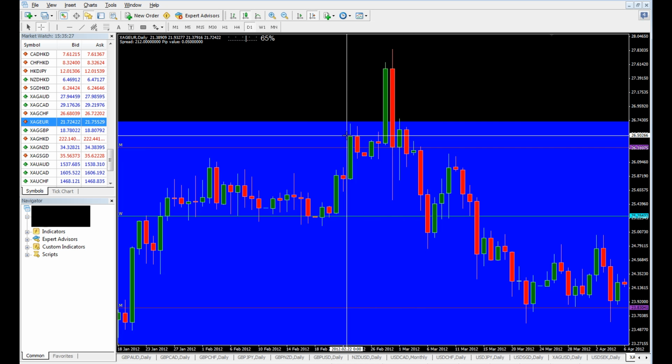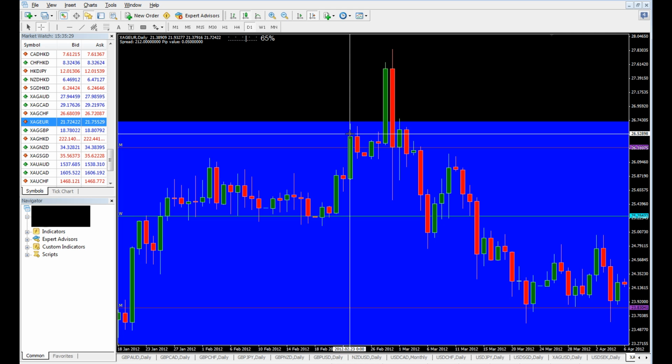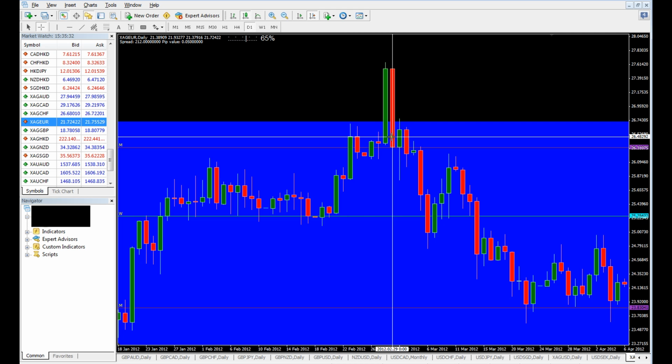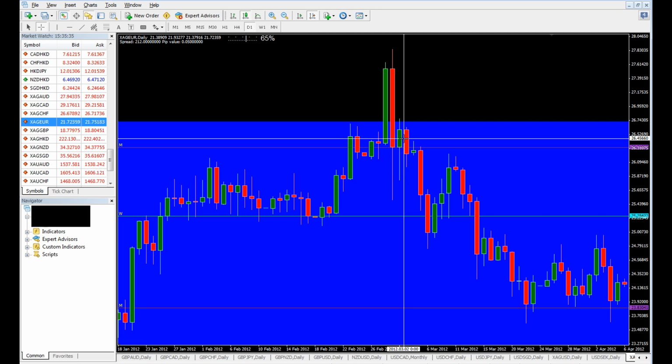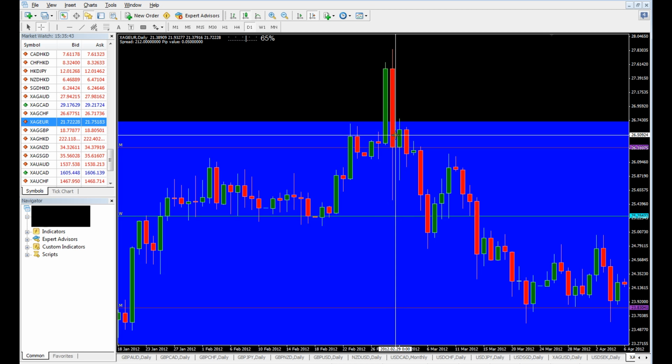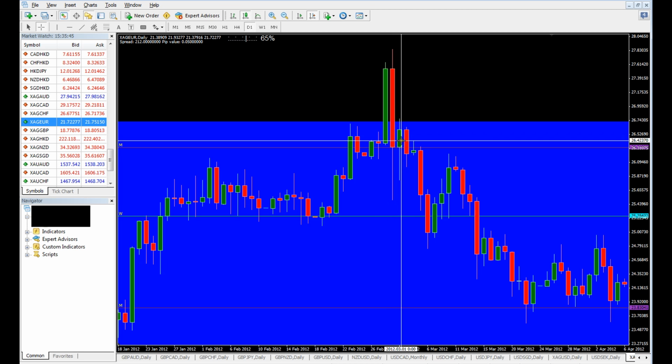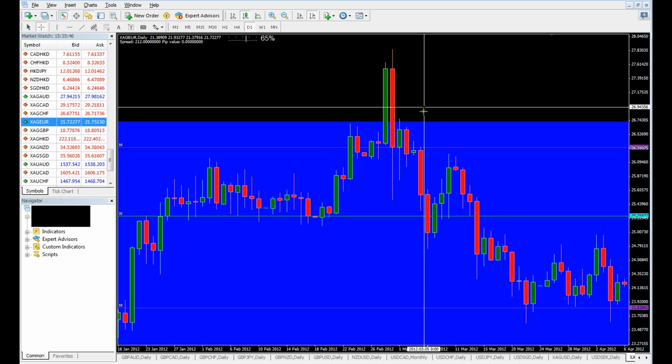I suggest to put it right here, more or less, and it should work. But if you want to save more money in case of stop loss, you can also put it here, and it should work, because it's after such a huge bearish signal that it should go down smooth and fast.